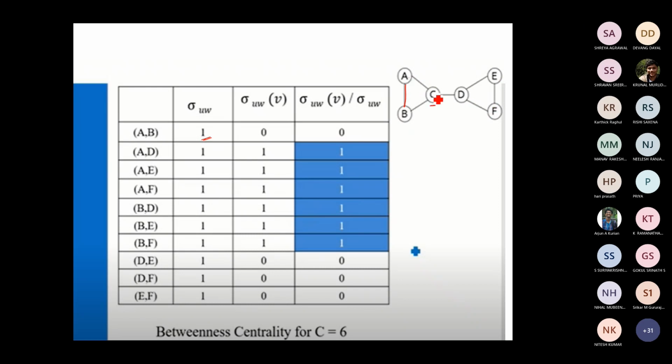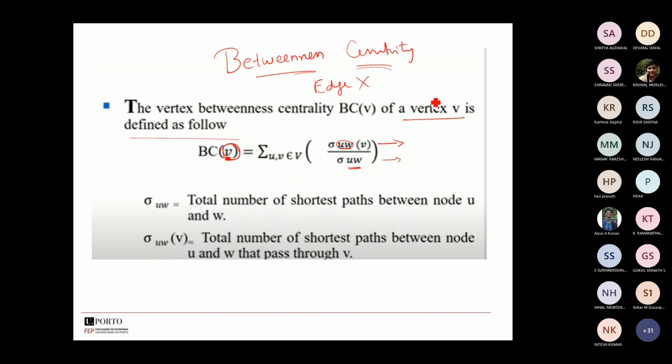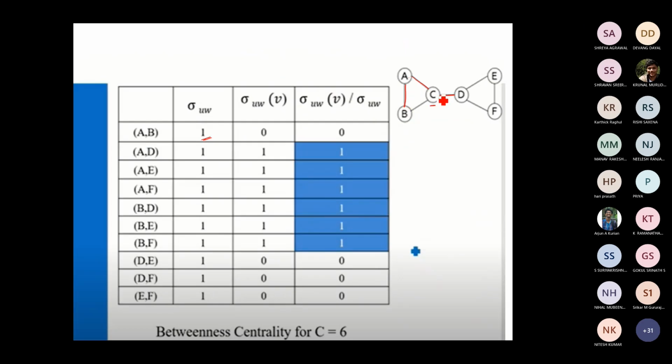Don't take A to C. Instead, take A to D. So A to D, there is one shortest path. Okay, it has to be 2 actually, the total number of shortest paths. So A to B, I have one shortest path available. A to D, don't take the steps.